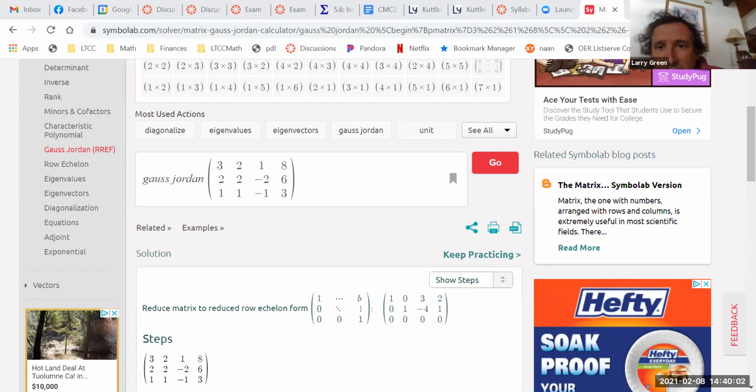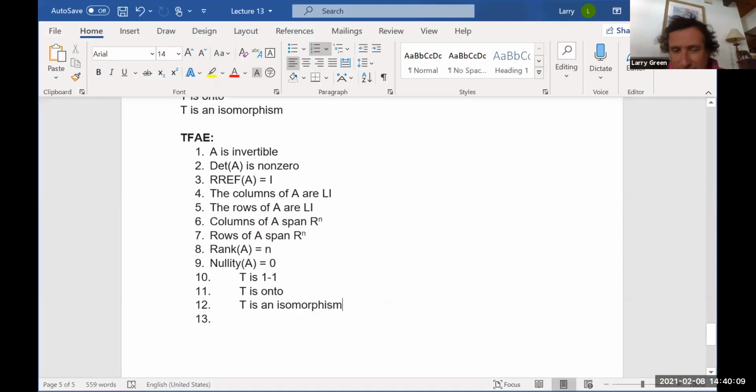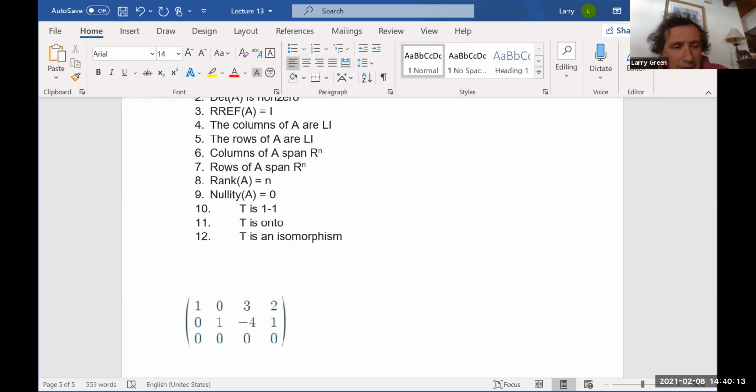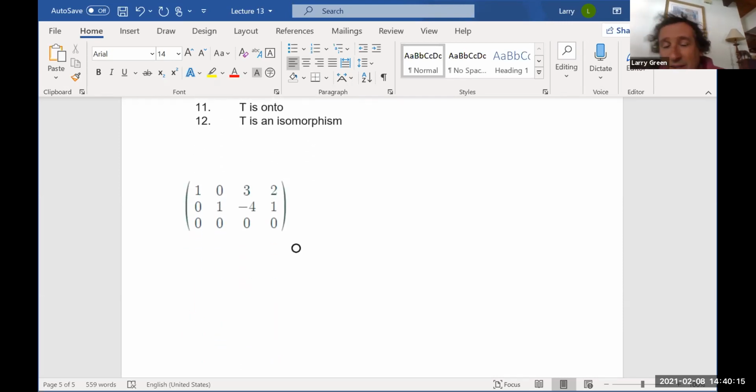All right, let me go new share. Okay, so here's our RREF matrix.